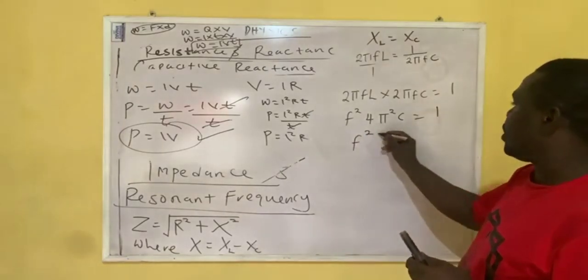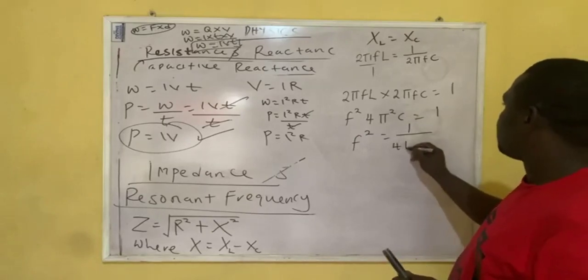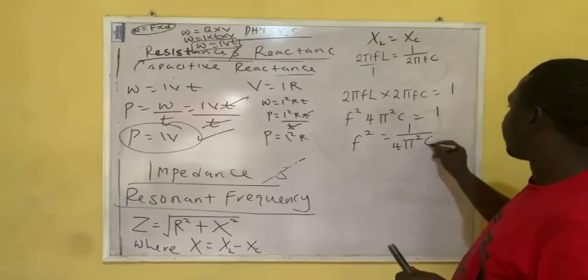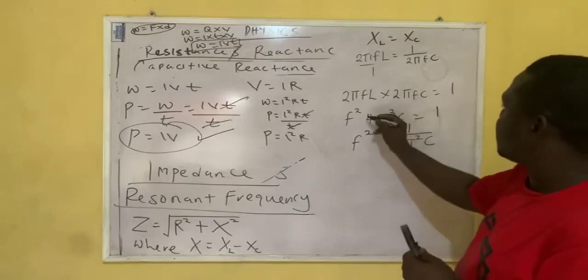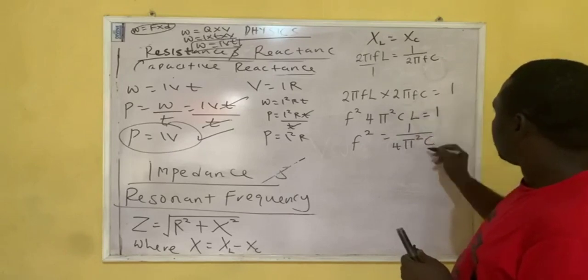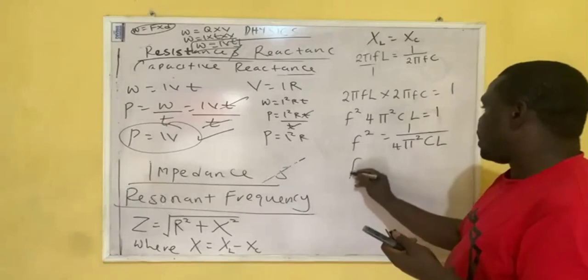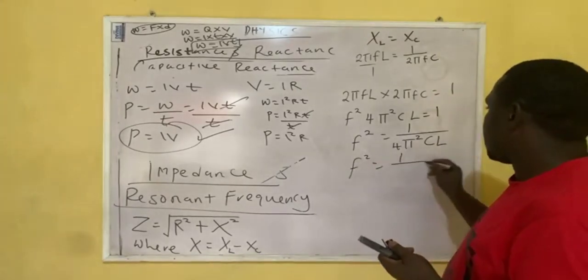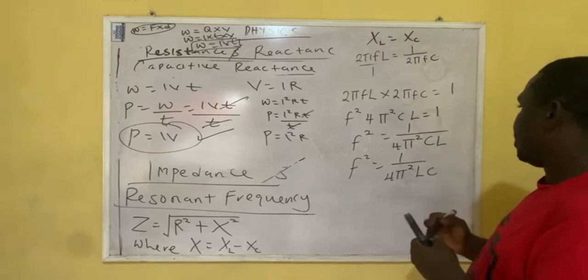So I'm going to have 1 over 4 pi square LC. There's an L I didn't write, sorry, yes, L. So I could write it neatly as 1 over 4 pi square LC.